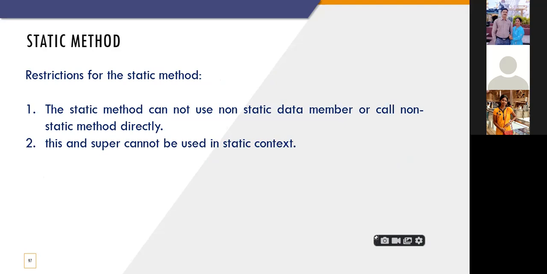Then, when we use a static method, the static method can call other static variables in the class, but it cannot access a non-static data member or call a non-static method directly, which means that when you declare a method static and you want to call another method inside the same class which is non-static, you cannot call it directly, without creating an object for it.